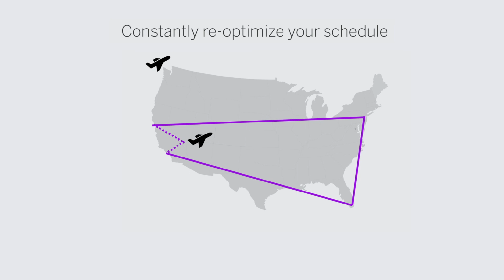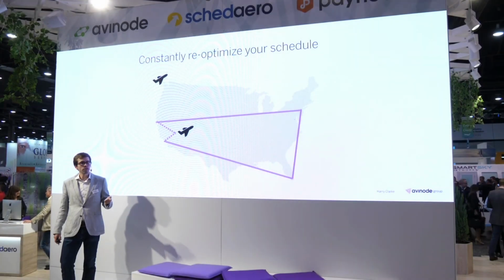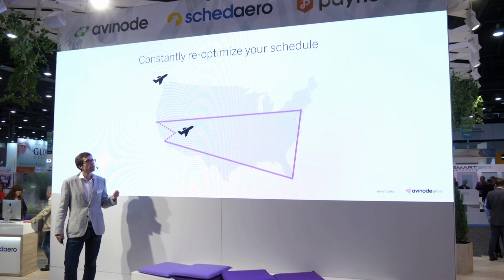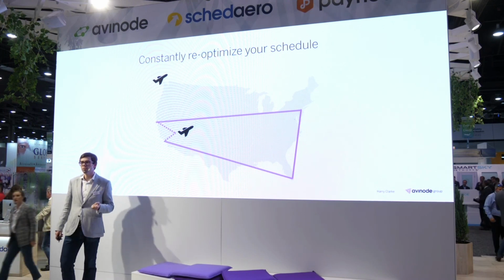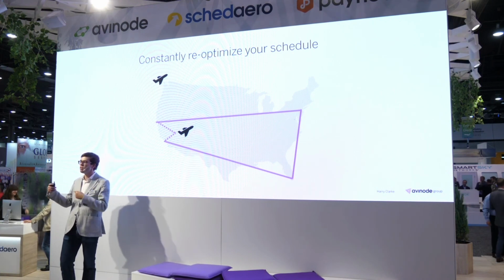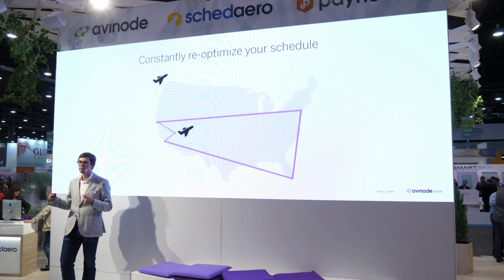You're going to make a lot more money that way and lower your costs. I think every operator is doing this to some degree, but often on a very manual basis, looking through the lines of the schedule and trying to see where the opportunities lie. Imagine if you could do this with a simple computer program, press a button, and it re-optimizes the entire schedule for all your aircraft. That's going to be really quite powerful, and you're going to save a lot more money.